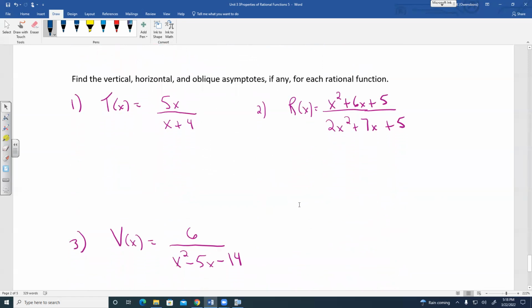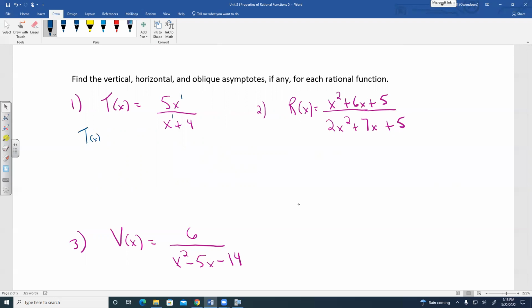So if I want to find the vertical, horizontal, or oblique asymptotes, let's look at these equations here to see if we can identify those. So remember, it's all about the degrees. If the degree of the numerator is 1 and the degree of the denominator is 1, since they're the same, it's the coefficients of the top and the bottom.